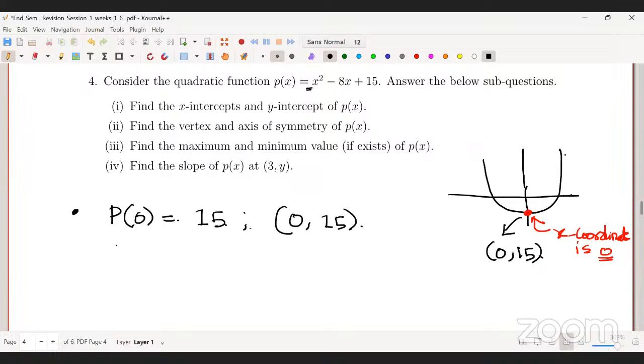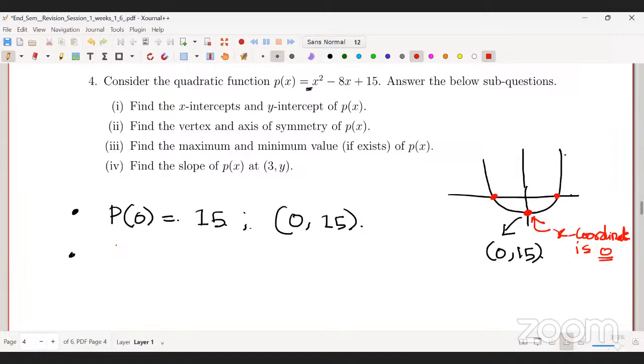And then what about the x-intercepts? Yeah, so to get the x-intercept, what do we need to do? The x-intercept is precisely all the points where p of x is equal to 0. So find the roots of it. These are the points where the y coordinate is 0, right?